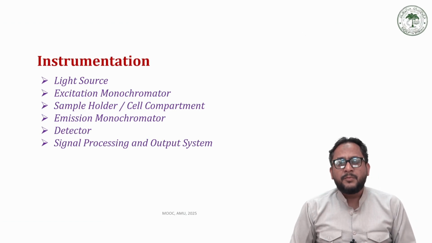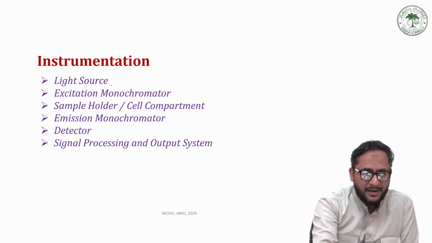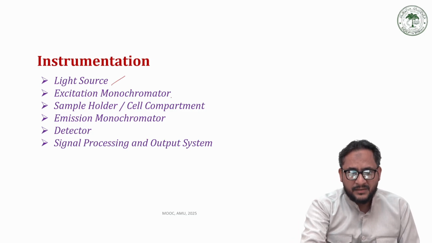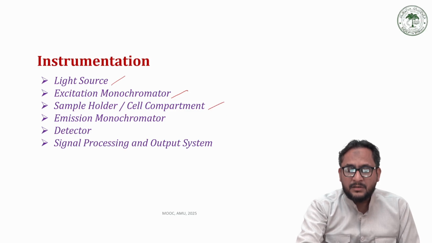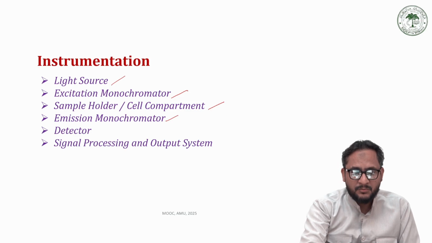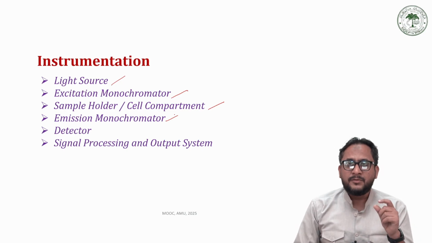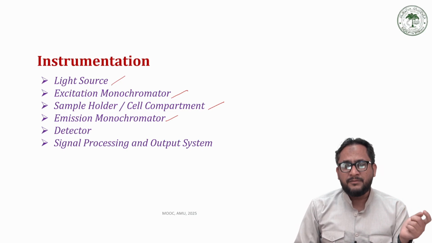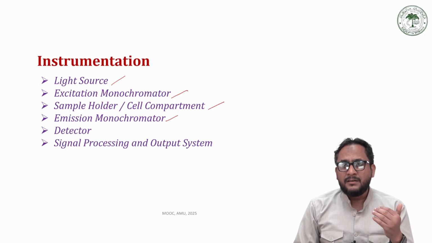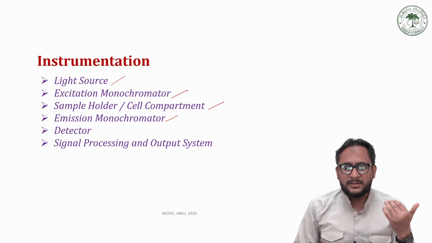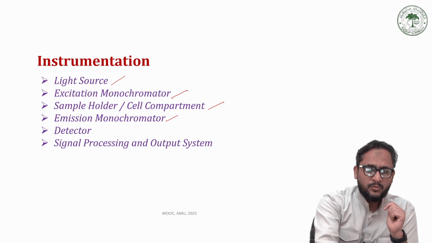The important components of a molecular luminescence spectrophotometer are the light source, the excitation monochromator, the sample holder or sample compartment, then the emission monochromator, because we have two different light radiations. We have an incident light which is absorbed causing excitation, so the monochromator through which it is passed is called the excitation monochromator.